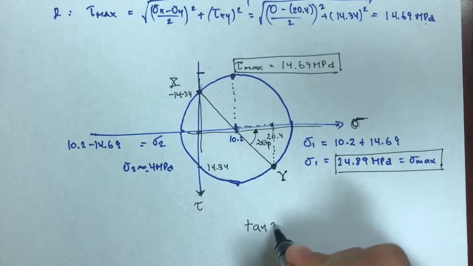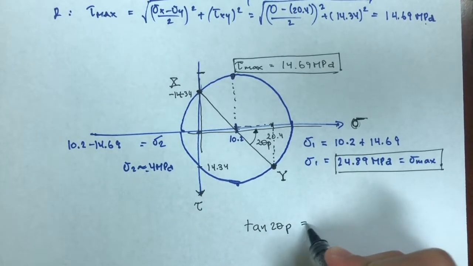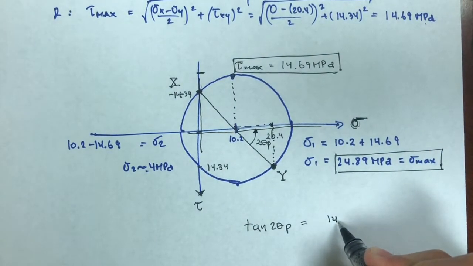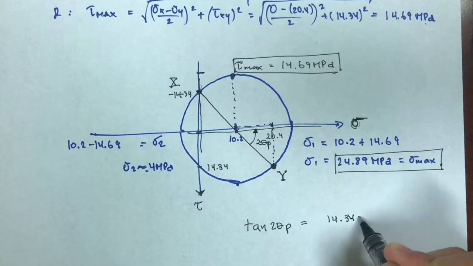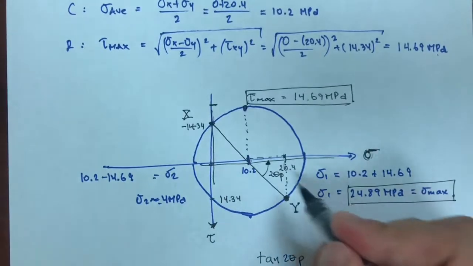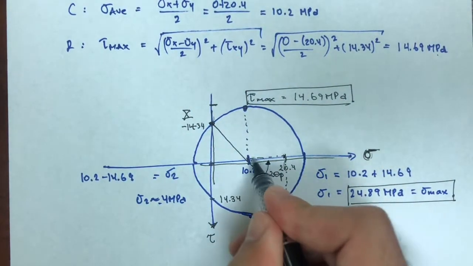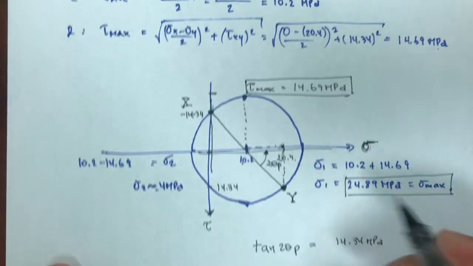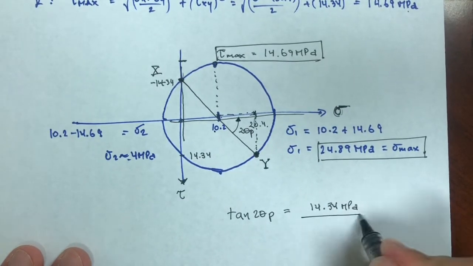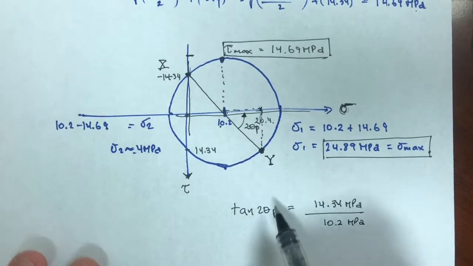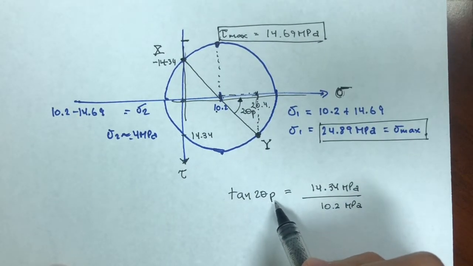So tangent of 2 theta p in this case would be this, which is the original 14.34 megapascals, this component y, sorry, and then adjacent, which would be 20.4 minus 10.2, or basically 10.2 megapascals.